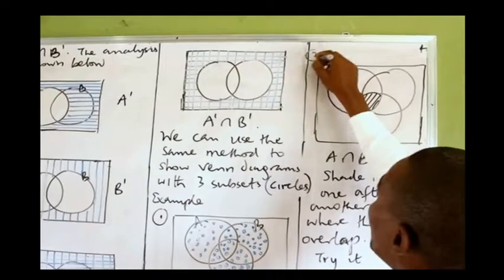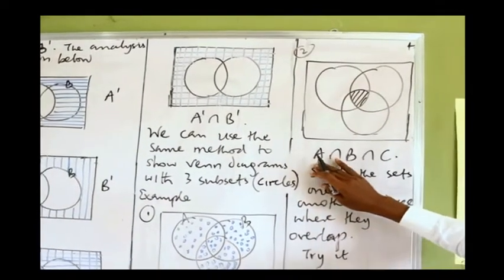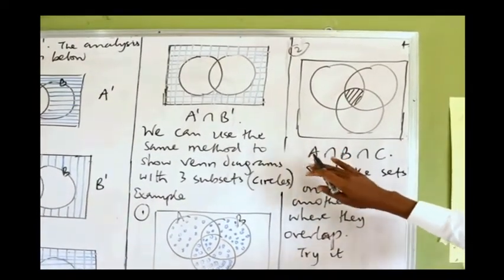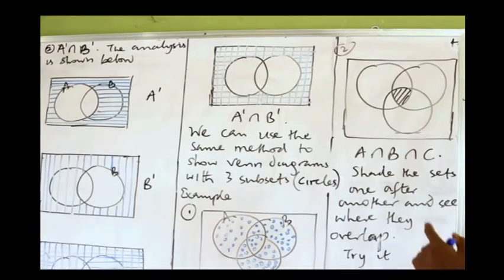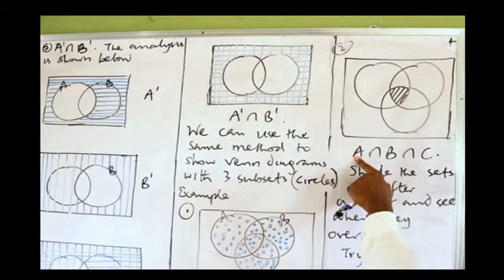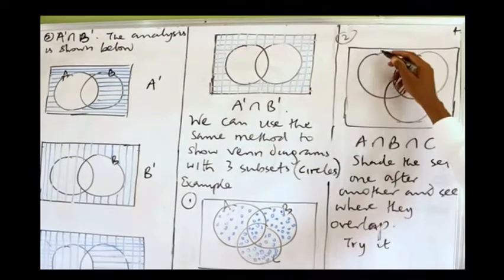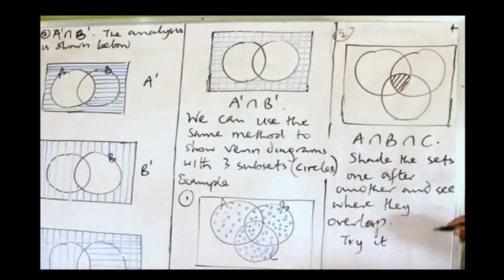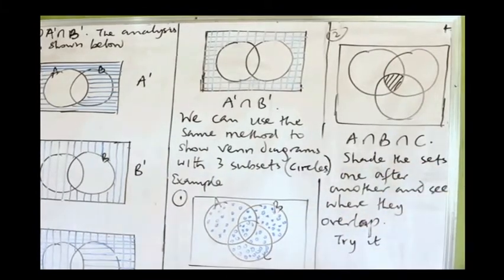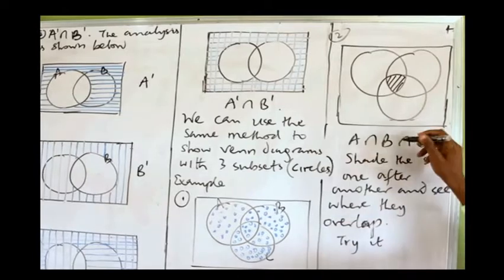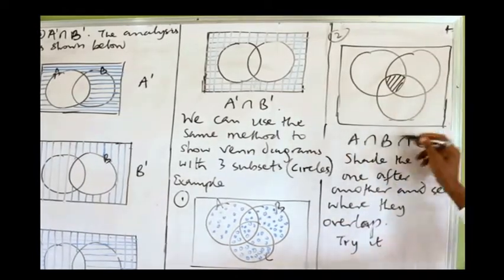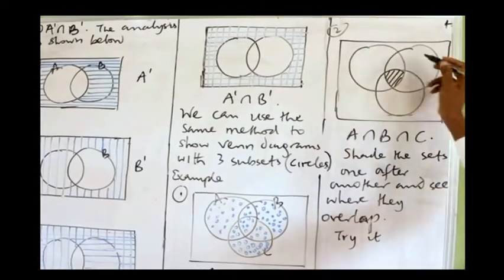The same thing if you are doing the second one. This number 1, this number 2. If you want to get the Venn diagram representing A intersection B intersection C, shade the region for A only. Shade the region for B, you can use a different shading, then shade the region for C, and see where all the different shadings intersect.